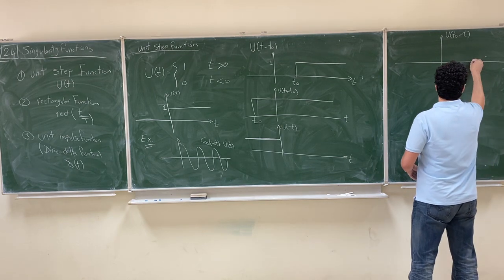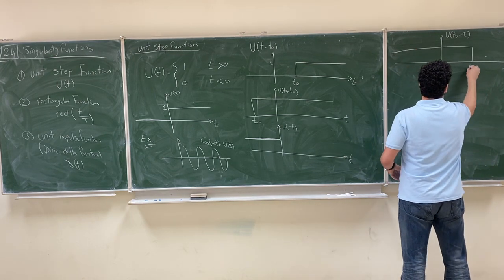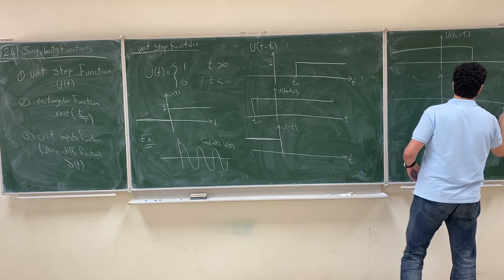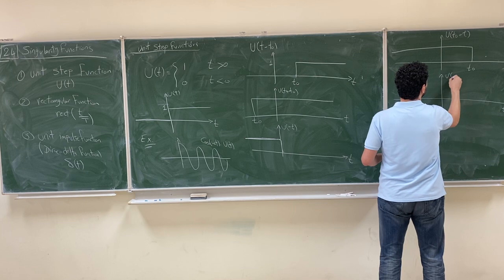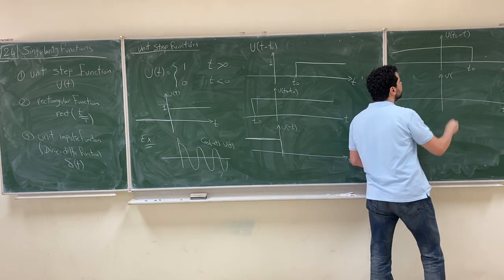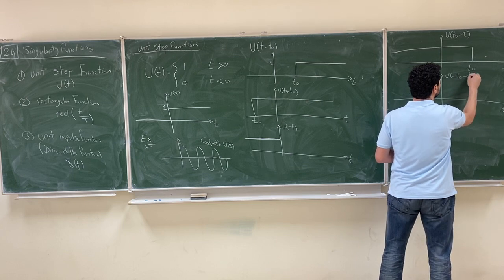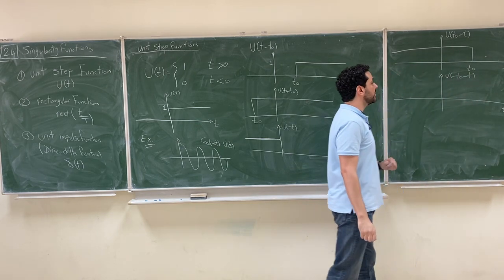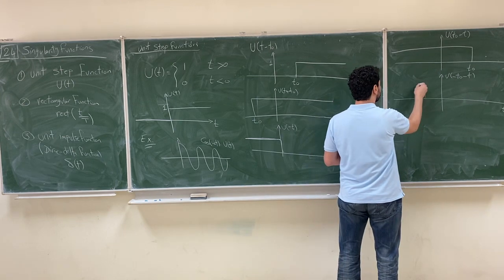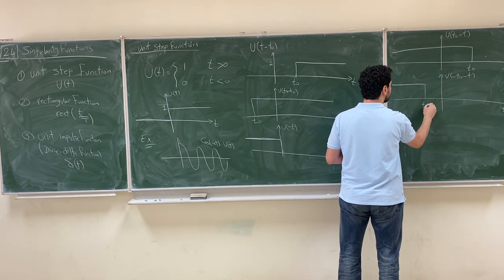So it should look like this, right? And the last one for now, for the time shift, if you want to represent u of t minus t naught minus t, this is time reversed and also shifted left by t naught, so it will start from here and goes like this, right?